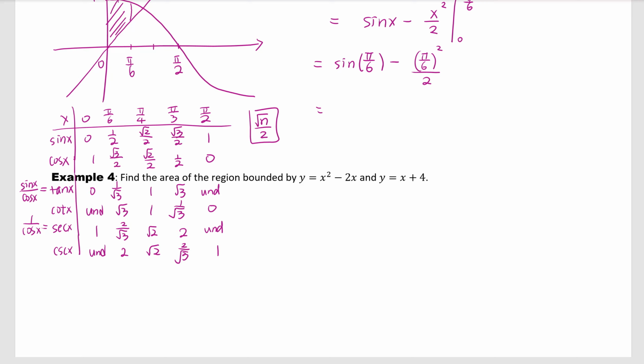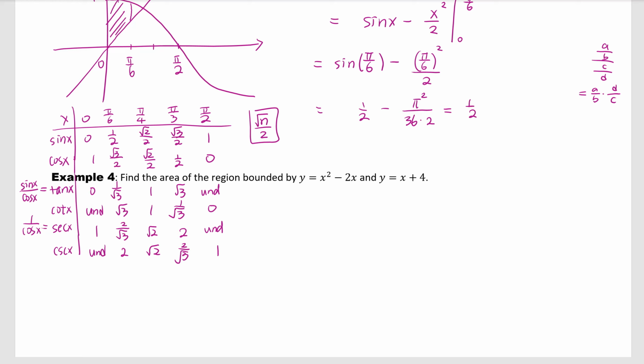So sine pi over 6, which is 1/2, minus this guy, pi squared over 36. But when you divide it by 2, remember, a over b over c over d equals a over b times d over c. So the 2 is in the denominator.